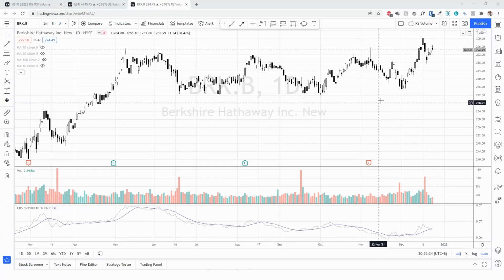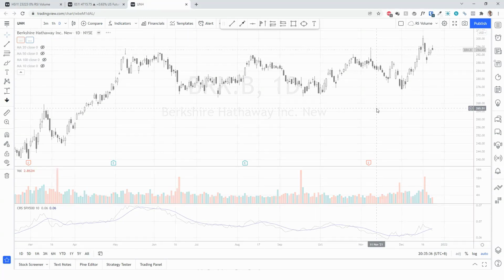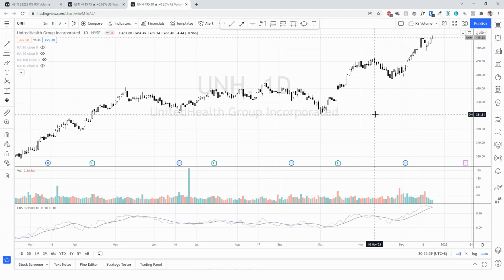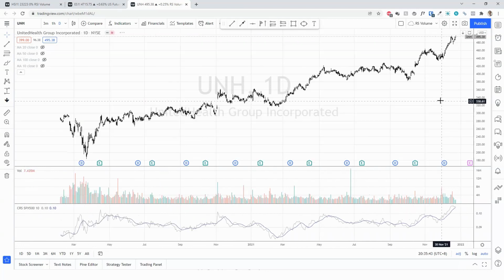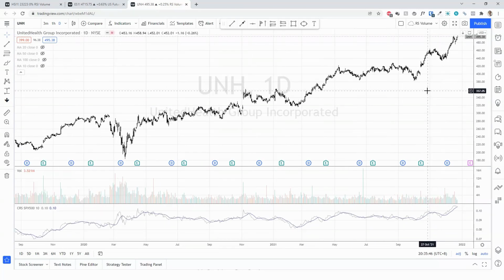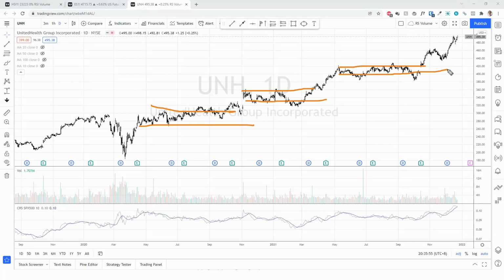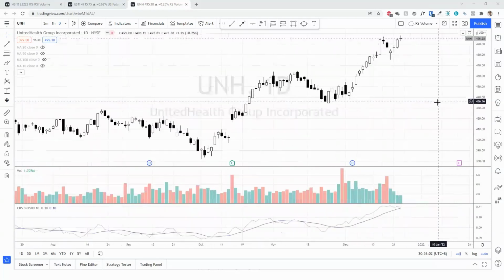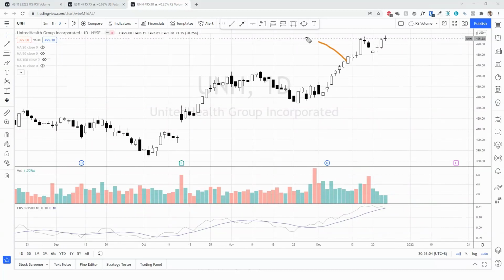Okay, so next one is UNH, United Health Group. This is a monster stock. It has been going up for a long time, and the trend is very strong. You can see that there is quite a lot of reaccumulation, another reaccumulation, sign of strength rally, backing up, reaccumulation, running up. So it looks a bit climatic at this moment. If we compare it to the previous trend, it might be similar.